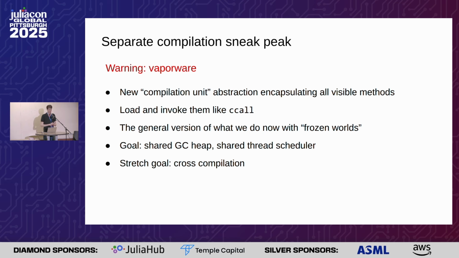If you know about what we do now with these so-called frozen worlds, where sometimes we run code in a fixed world where it can't see new methods, this is a general version of that that's far more usable and scalable. And with a shared runtime, you'd have a shared GC heap and a shared thread scheduler, so much more efficient. They could even reference each other's objects and so on. So this is kind of a goal. I don't think it's super hard to do. I think it's doable. I hope we get this pretty soon.